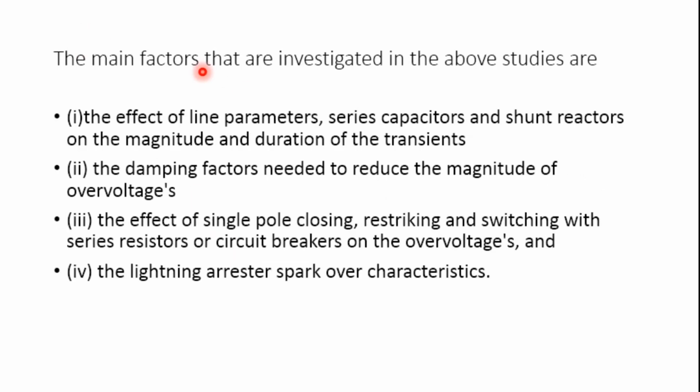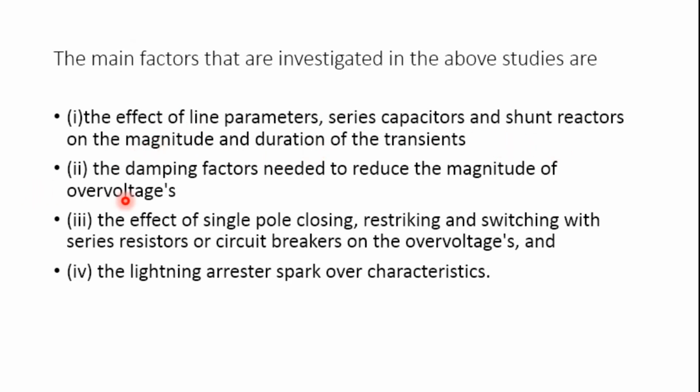From this, the main factors that are investigated in the above studies are the effect of line parameters like capacitors and shunt reactors, and the magnitude and duration of the transients.